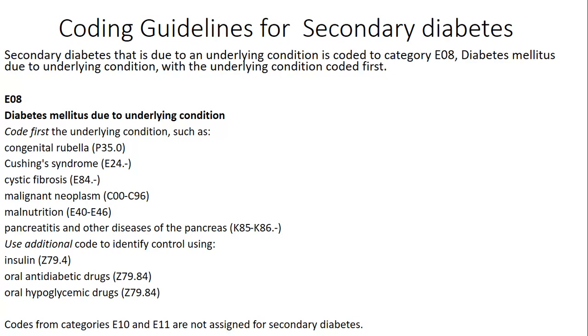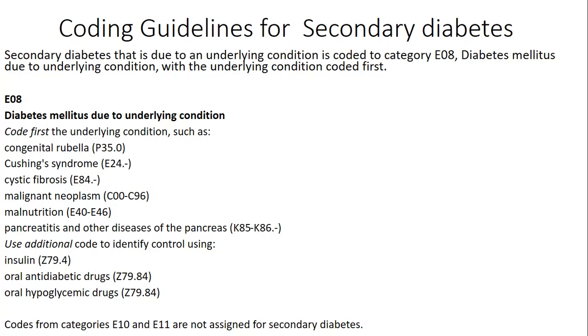These should be coded first, followed by the E08 code, and if any control method is there, like use of insulin or hypoglycemic or anti-diabetic drug, you have to assign the Z code as per the documentation. Codes from categories E10 and E11 should not be assigned for secondary diabetes, which we have already discussed previously. Since this is secondary diabetes, we cannot code type 1 and type 2 diabetes in this category.